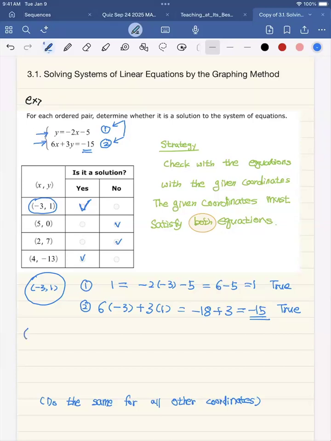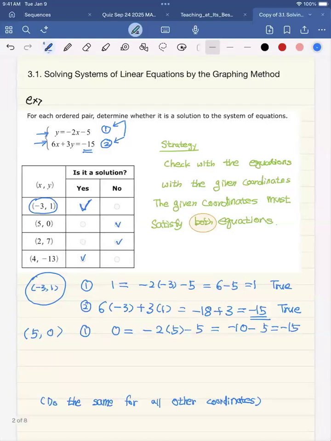For the second case, we can do the same. We have 5 and 0. If you put that in the first equation, then the y value must be 0 and the x value must be 5. So -2 times 5 minus 5. That is -10 minus 5 equals -15.